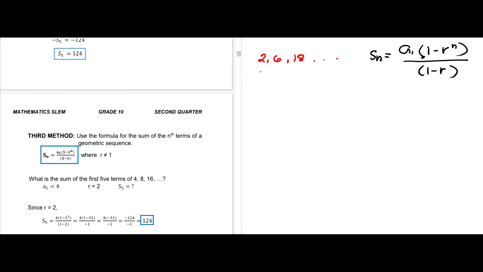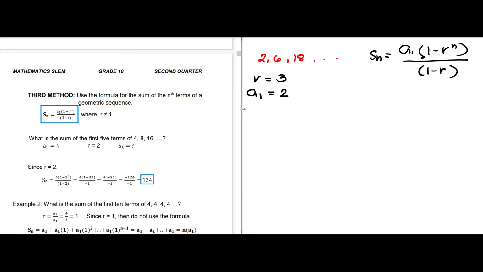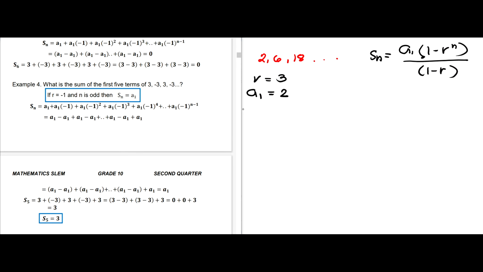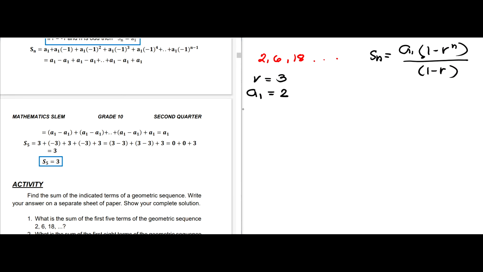So obviously, the common ratio here is 3. What else? Your first term is 2. Ilan yung hinihingi sa atin doon sa tanong? Find the first 5 terms. So your n is 5.